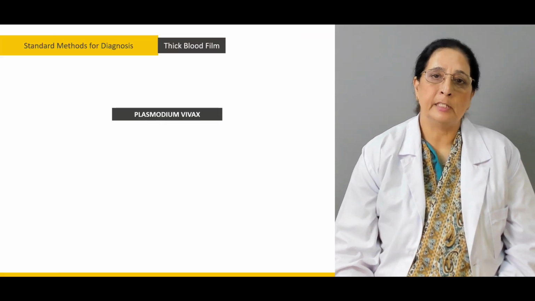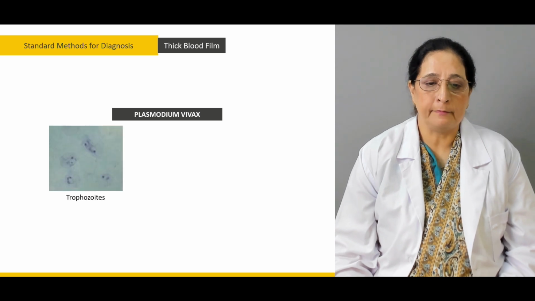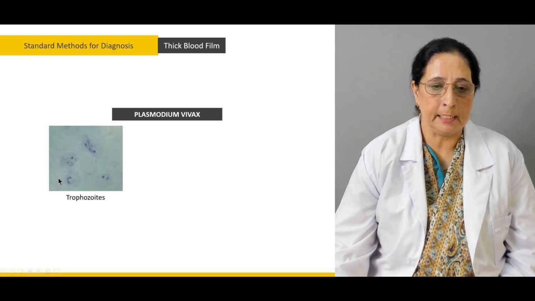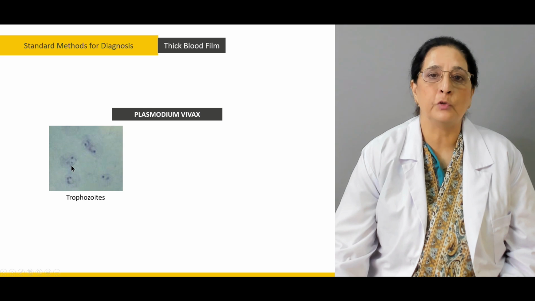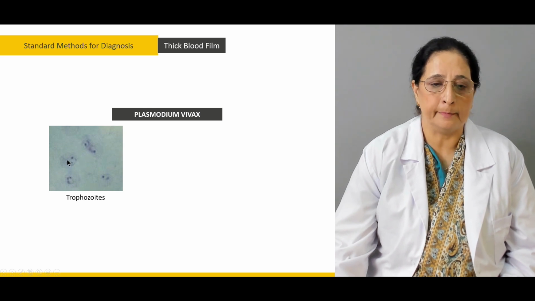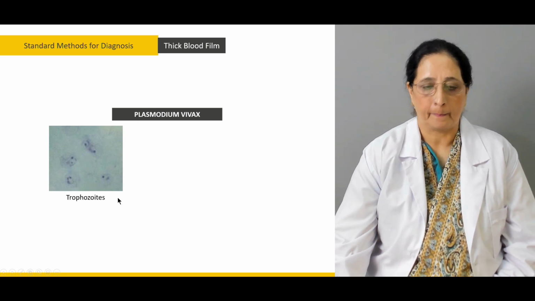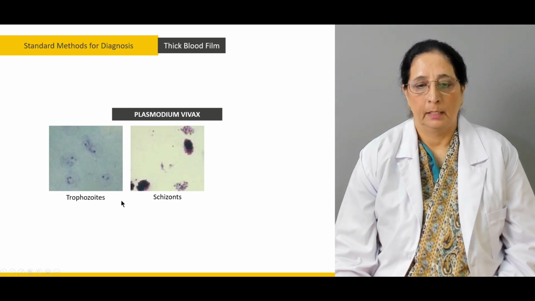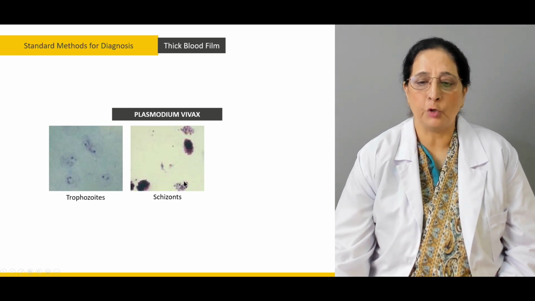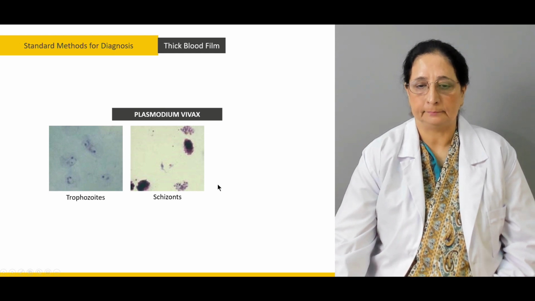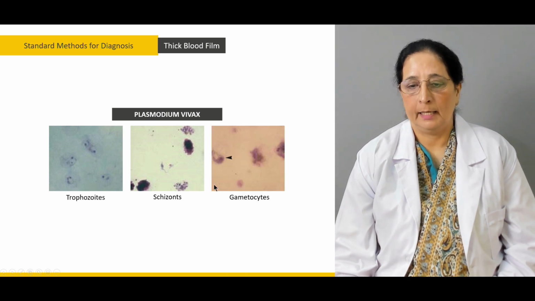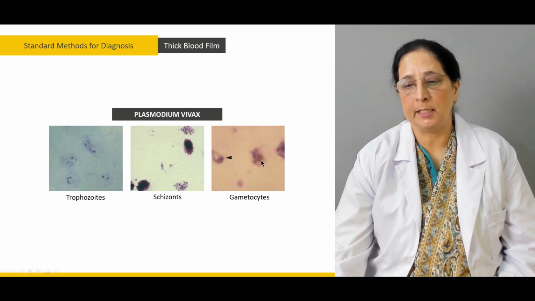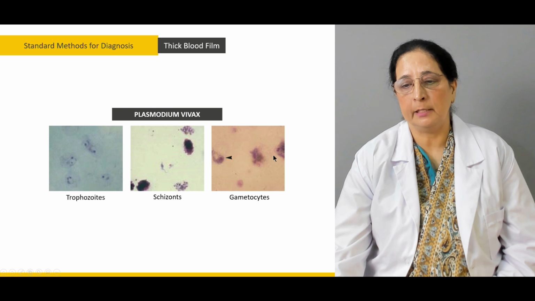Then the plasmodium vivax. Again, this is the appearance of trophozoites of plasmodium vivax. These are the schizonts of plasmodium vivax. And then the gametocytes of the plasmodium vivax.